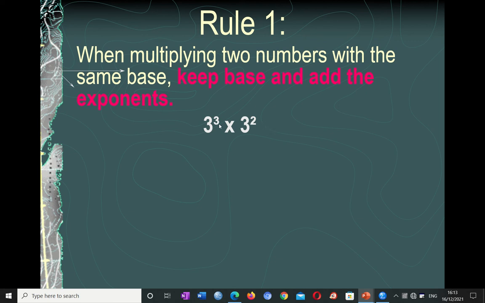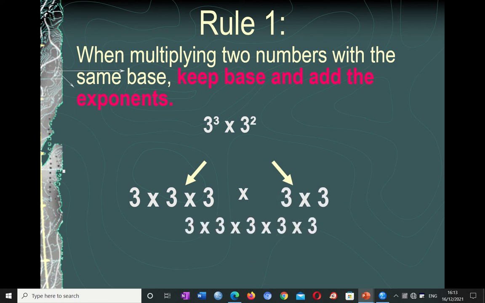So the rule is, if the bases are the same, you add the powers. This means 3 multiplied by 3 multiplied by 3, and 3 multiplied by 3. Altogether we have 5 threes, so this is 3 to the power 5.